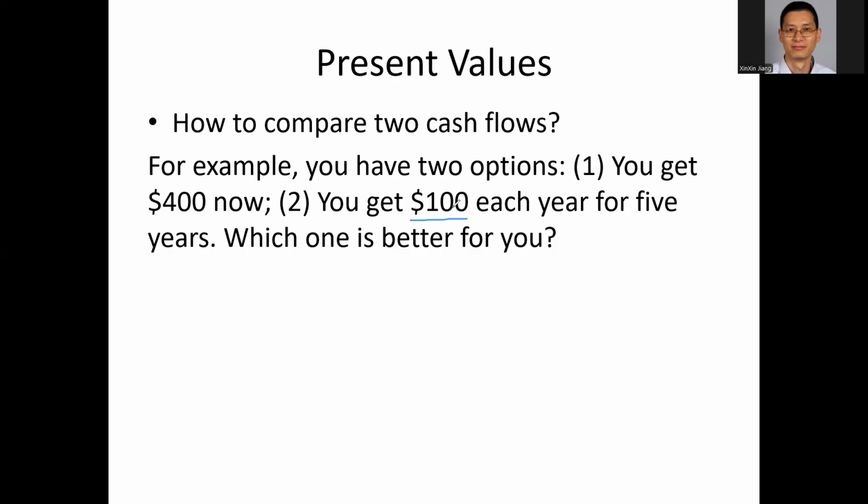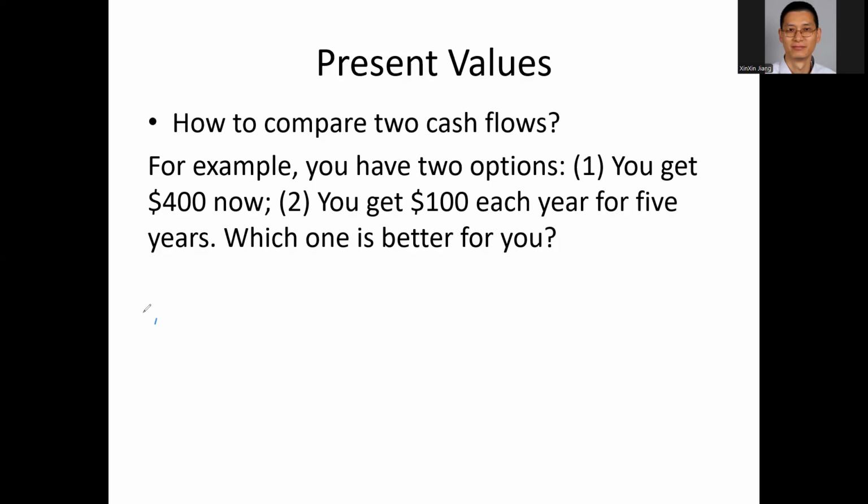Totally you would get $500. You only get $400 now, but it really depends on the interest rate. So you need to look at the accumulation function, and then you calculate the present value.